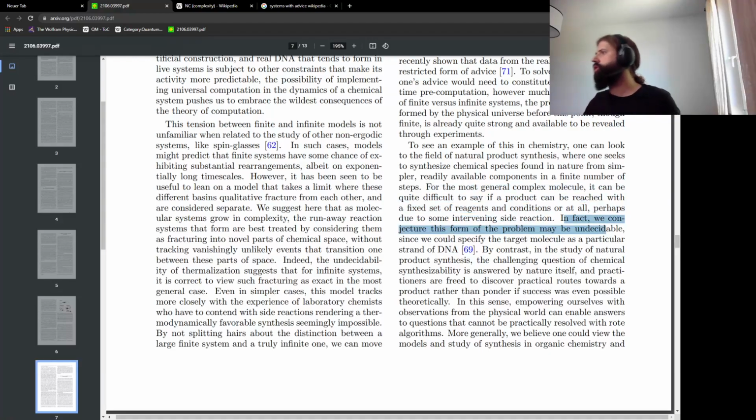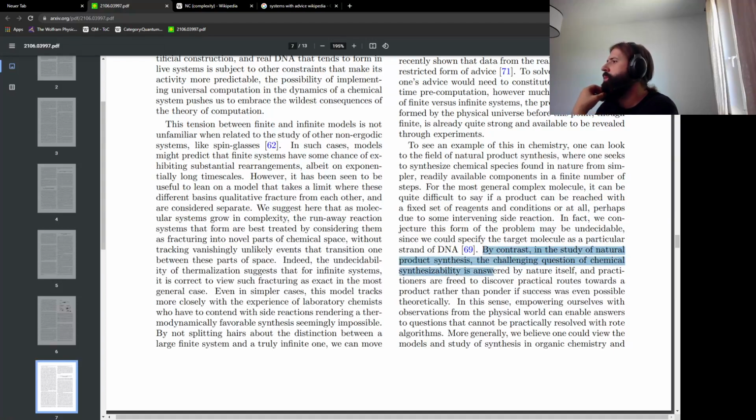In fact, we conjecture this form of the problem may be undecidable, since we could specify the target molecule as a particular strand of DNA. By contrast, in the study of natural product synthesis, the challenging question of chemical synthesizability is answered by nature itself, and practitioners are free to discover practical routes towards a product rather than ponder if success was even possible theoretically.